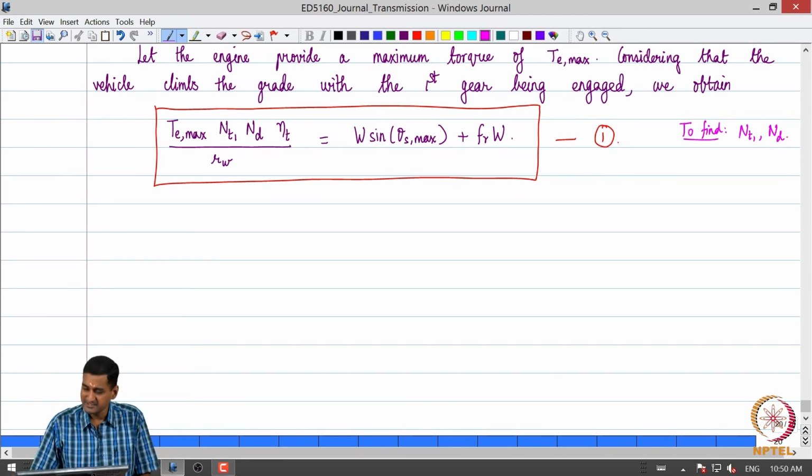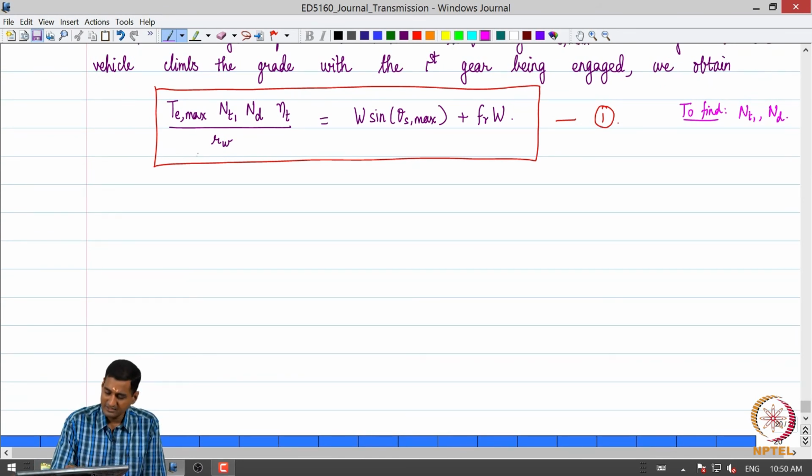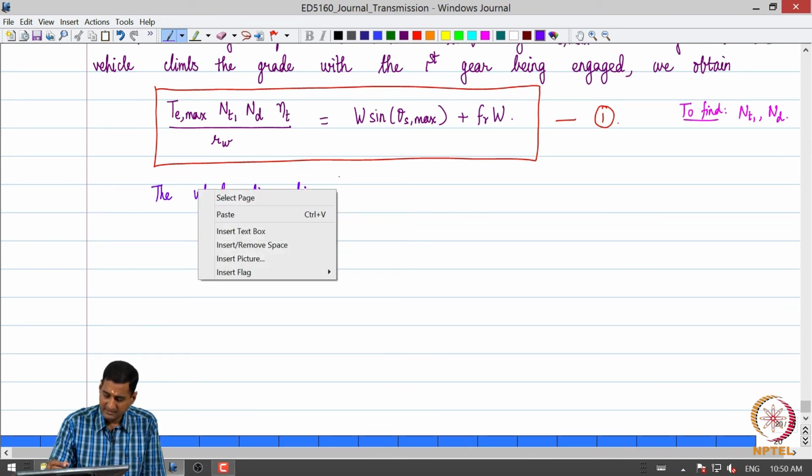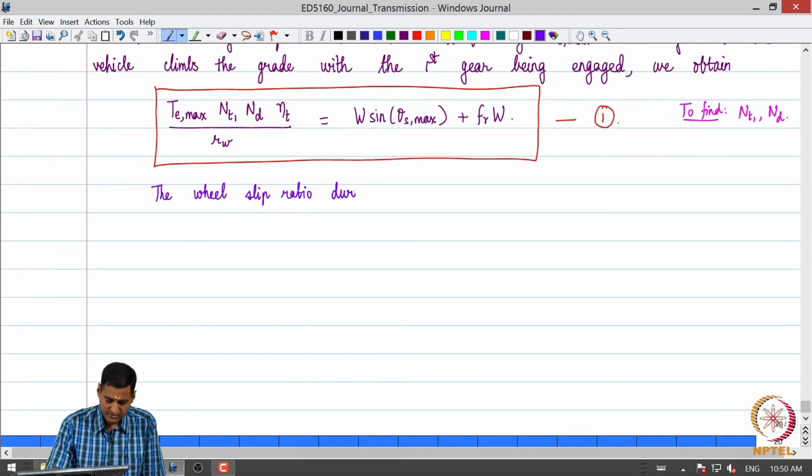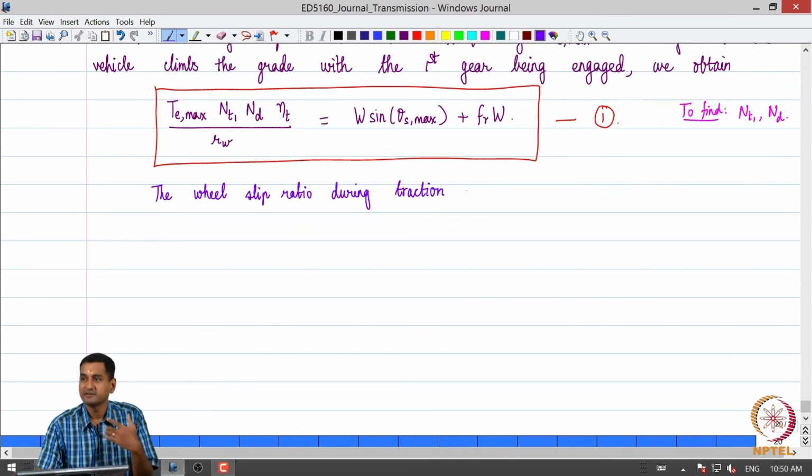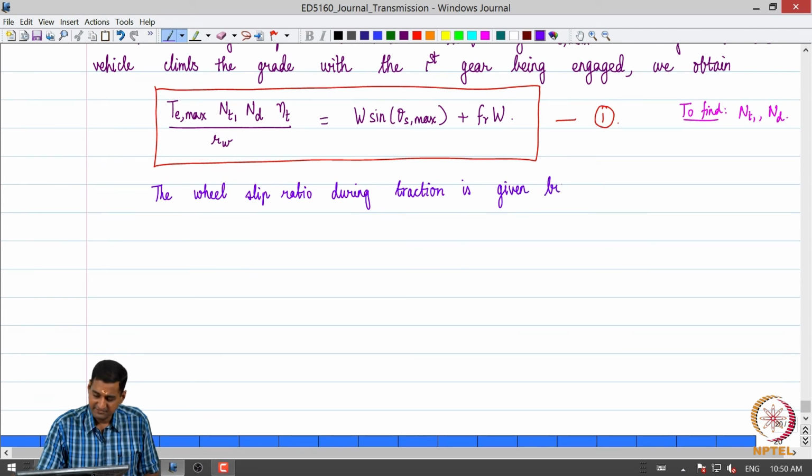Before we derive that expression, let me introduce the concept of what is called the wheel slip ratio. We are going to come back to this in more detail when we do braking, but for traction, the wheel longitudinal slip ratio during traction, that is when the powertrain is driving the vehicle, is defined as follows.